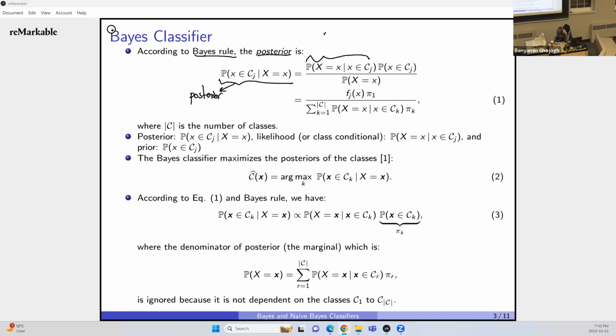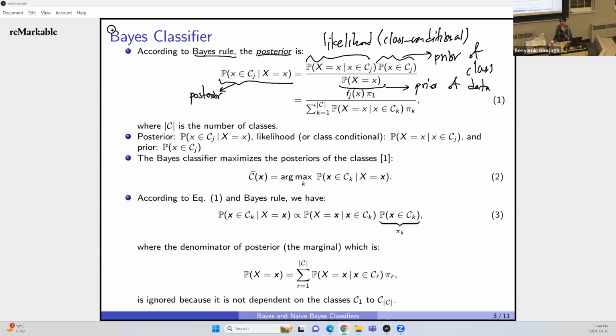That's called the likelihood, also called the class conditional. Times the probability of X belonging to the class Cj, which is the prior of the class. And this is the prior of data X.